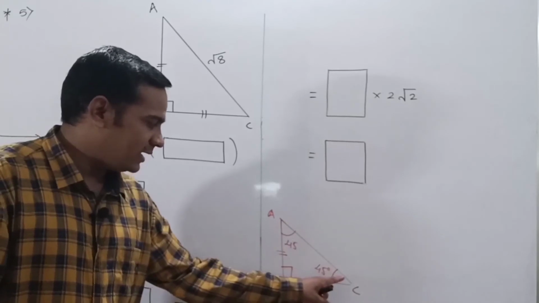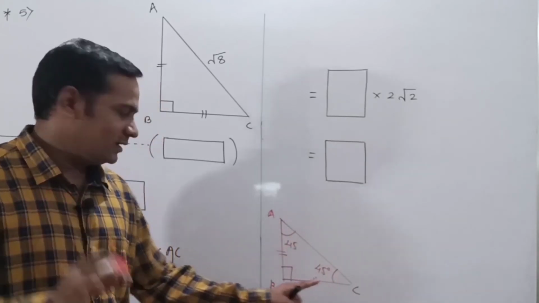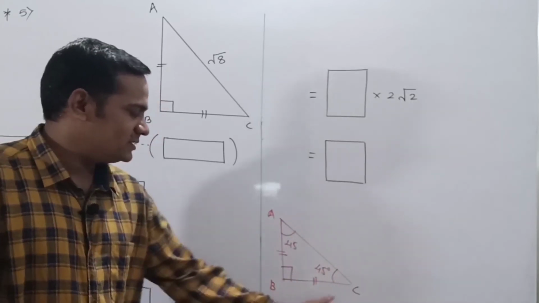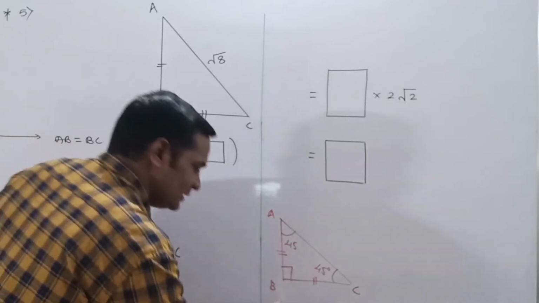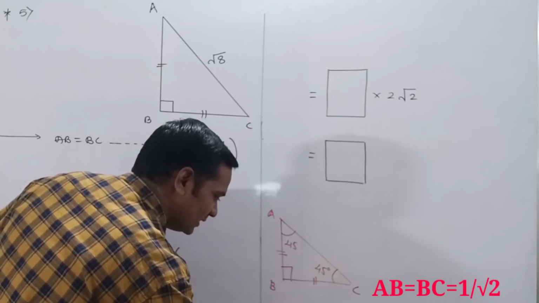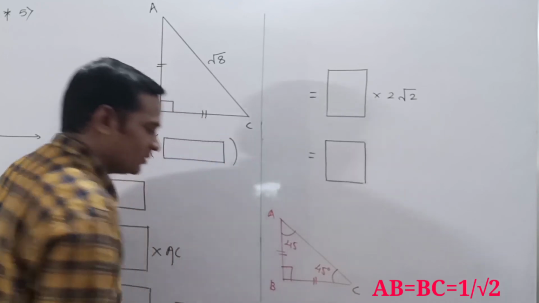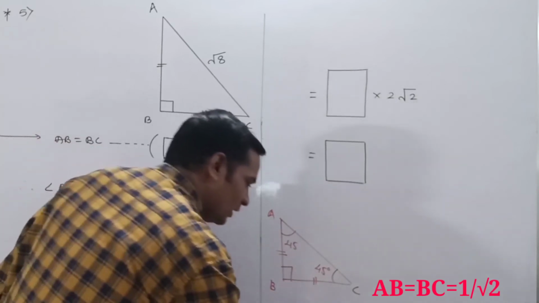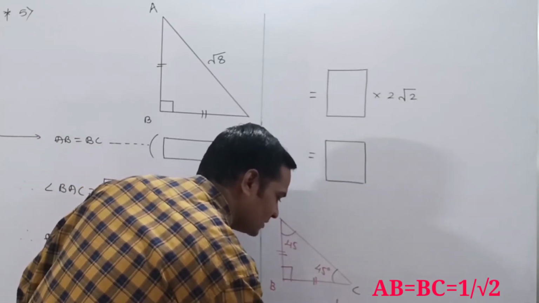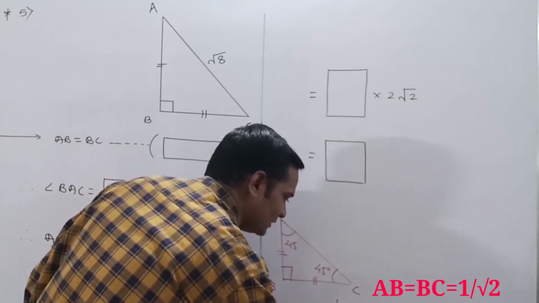If angle A and angle C are congruent, side AB and BC will also be congruent. So these two sides are AB and BC. Side opposite to 45 degrees is 1 upon root 2 times the hypotenuse.